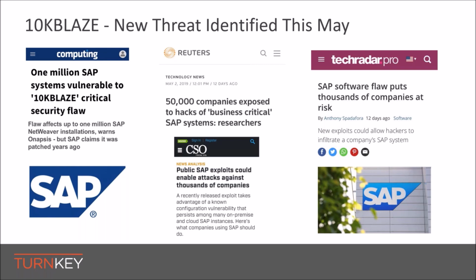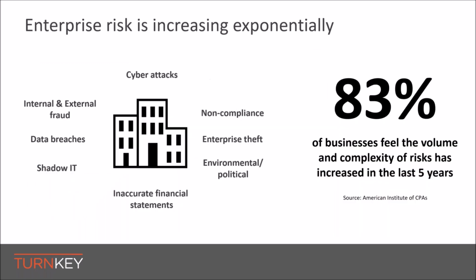But it's a good example of the fact that there is research out there, and increasingly we're identifying risks to SAP environments that are potentially being exploited by nefarious actors, basically. And I think the risk generally to the enterprise is increasing exponentially.